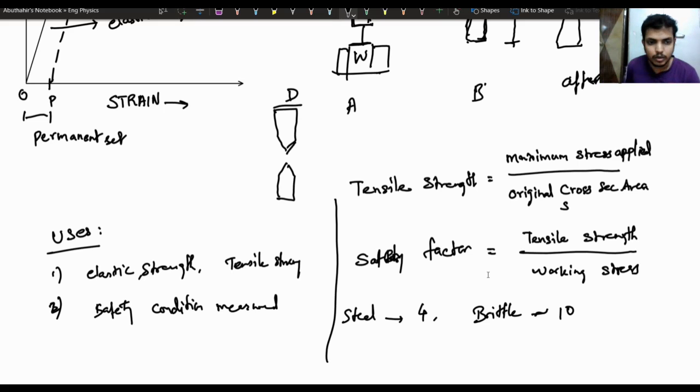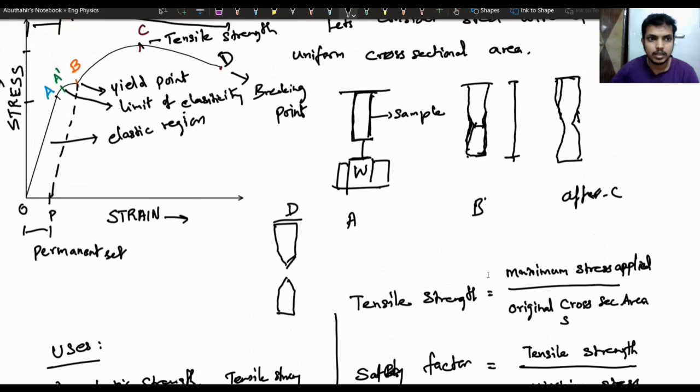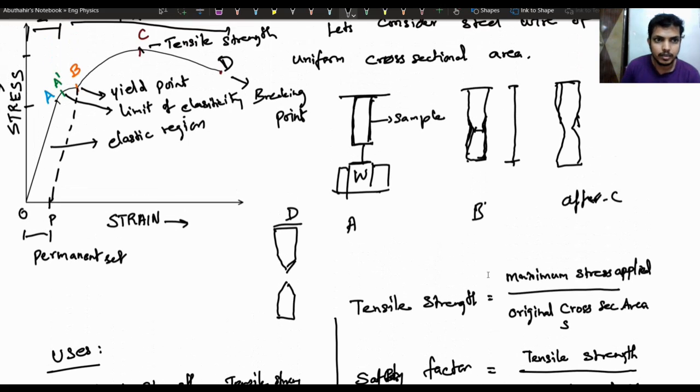And one more application of the stress strain diagram is that within the elastic limit, we are able to alter the shape of the material, or see how much elastic stress it can sustain. Within that particular limit we can change it. If I want a plate shape from this rod, then I have to apply more stress to make it a plate.